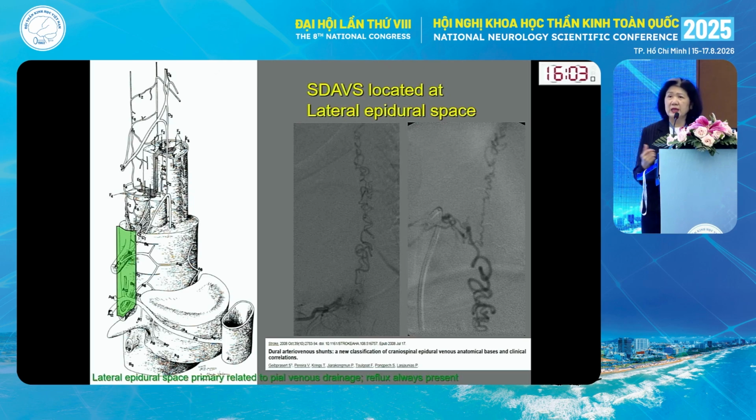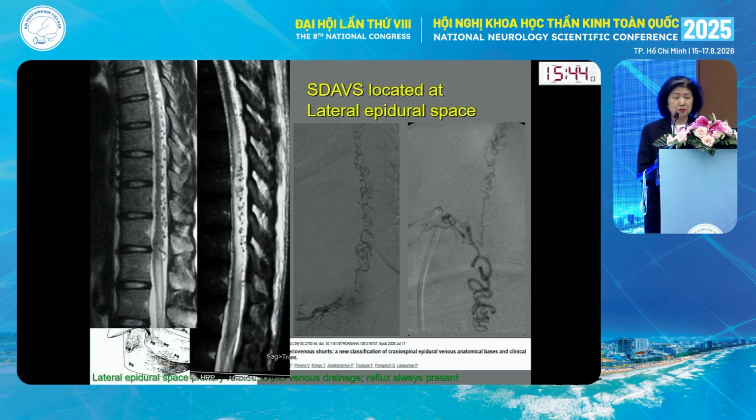We published this classification of the dural arteriovenous shunt between the brain and the spine many years ago, and we found that most dural arteriovenous shunts are in the group related to the lateral epidural space.